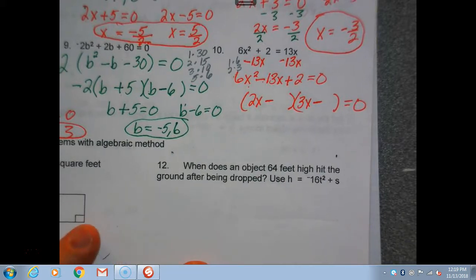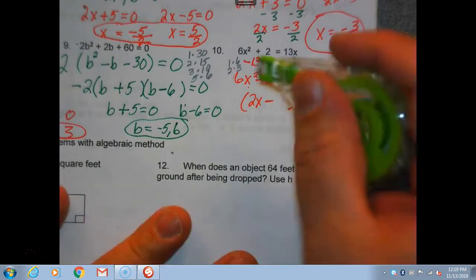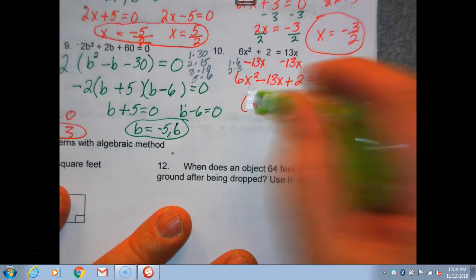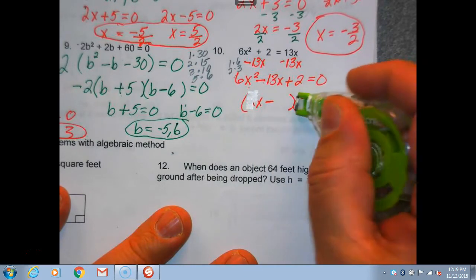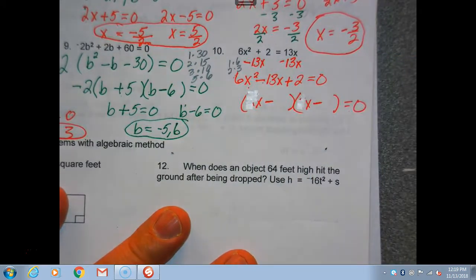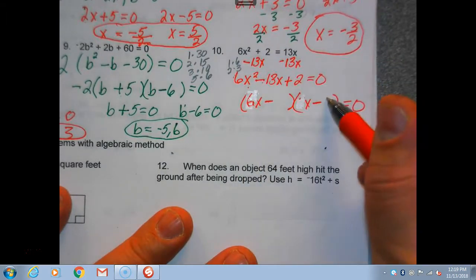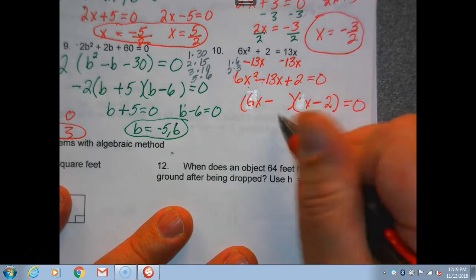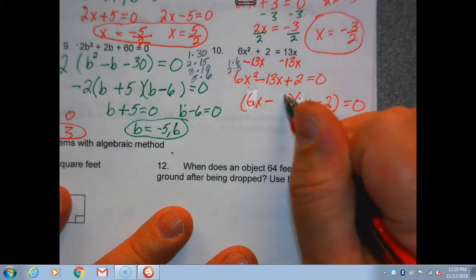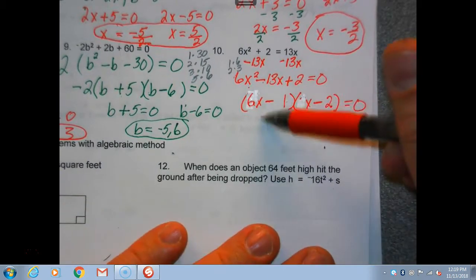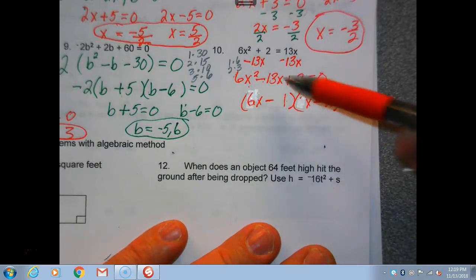And of course, I did this in pen, didn't I? Okay, 1 has to be 6. 6 times 2 is 12, right? And then this is my 1. 1 times 2 is 2. Yep, there we go. So negative 12, negative 1 gives me negative 13.